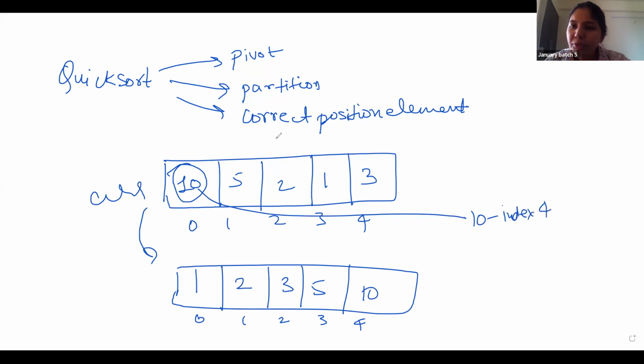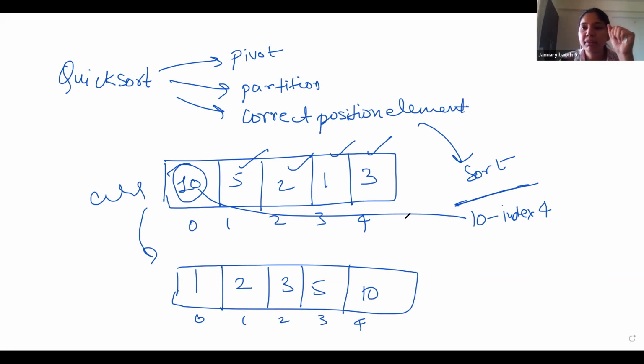So if we are able to find the correct position of every element, then we can sort the array. This is what quicksort does. It says, for every element, I am going to find the correct position. How?